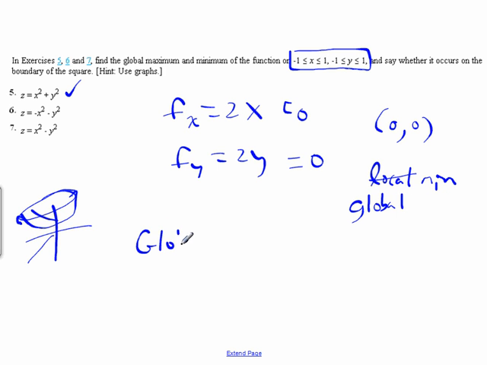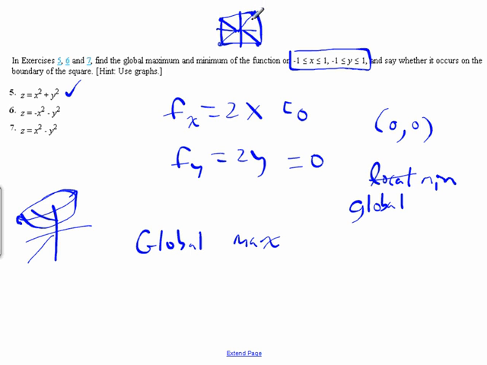The global max, therefore, must occur on the boundary. If we think about what's going to maximize x squared plus y squared, it's this point right there, or this point, or this point, or this point.